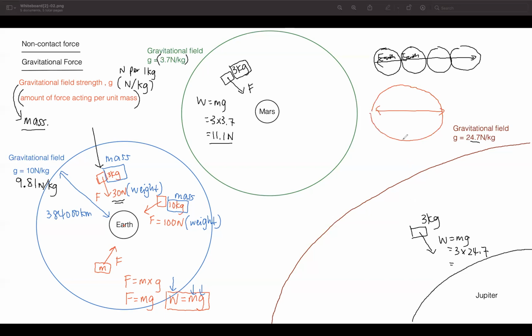Okay, so because of its massive size or its massive mass, it has a much higher gravitational field strength. For every kg, it is 24.7 Newton. So what is the weight of this object on Jupiter? Times 3. Okay, 74.1 Newton.